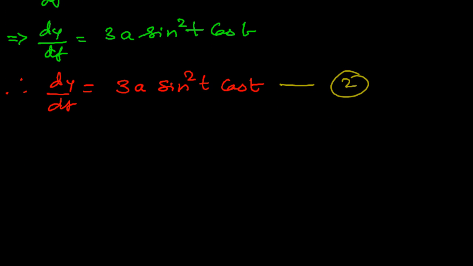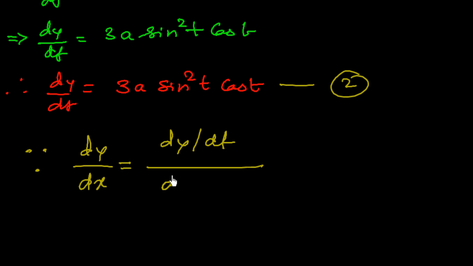Now I explain what methodology we will use to find dy over dx. dy over dx is equal to dy over dt divided by dx over dt. In this way we can find dy over dx.